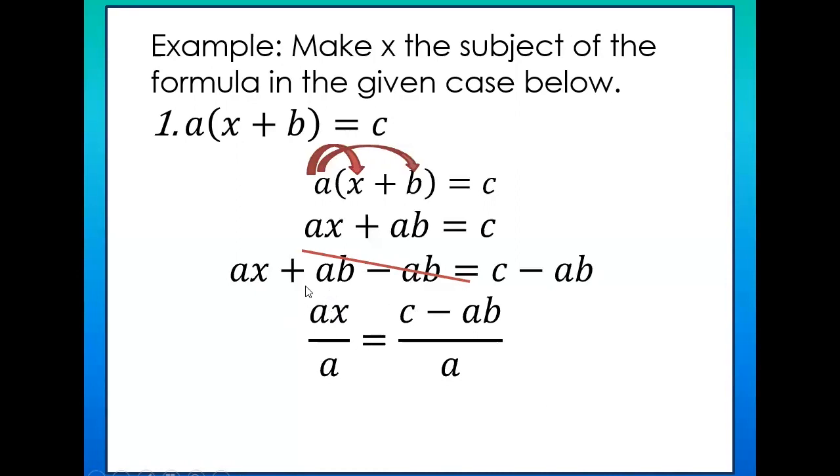So we can cancel a in this part of the equation by dividing both sides by the quantity a. So that is the first rule that you've learned earlier. Now we can go ahead and cancel that, leaving only x on the left-hand side of the equation. Now that is the subject of the formula. Now your x equals c minus ab over a.